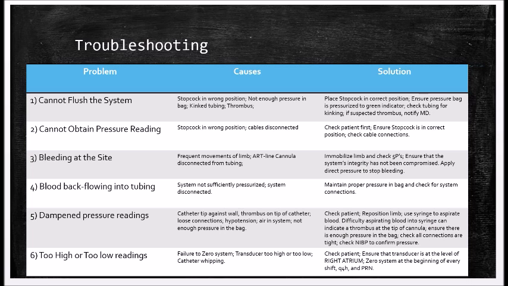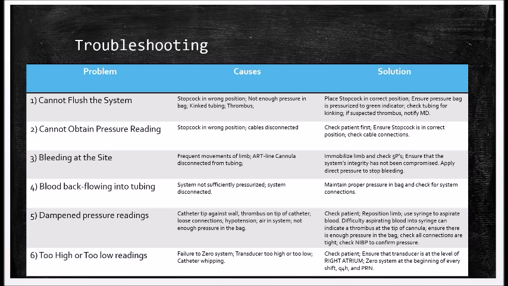Some of the troubleshooting things that you will need to know about. One, if you cannot flush the system, it could be because the stopcock is in the wrong position, or there's not enough pressure in the bag. The tubing might be kinked, or there is a blood clot in the cannula tip. The solution: place the stopcock in the correct position.